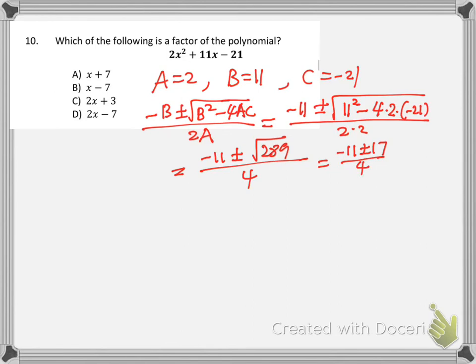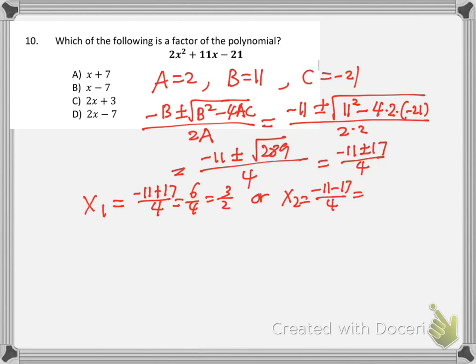So we got two solutions. x1 is negative 11 plus 17 divided by 4, so it's 6 over 4, 3 over 2. Or x2 is the minus sign, negative 28 divided by 4, which is negative 7. So x1 is 3 over 2, x2 is negative 7.